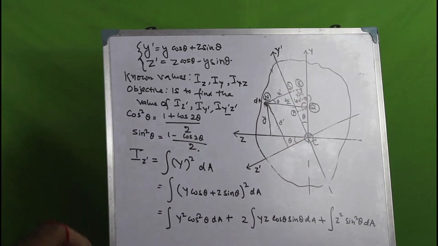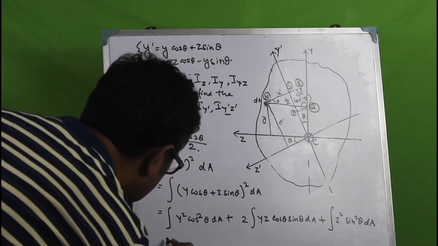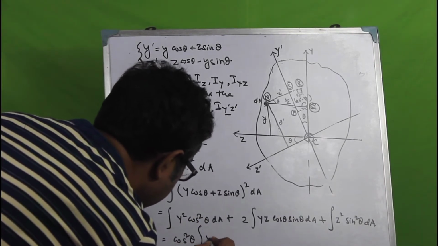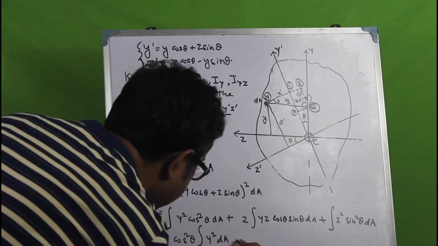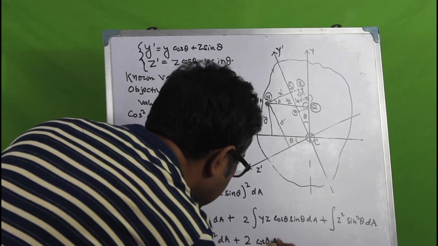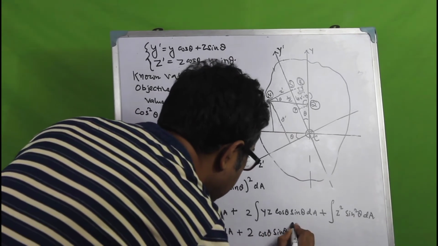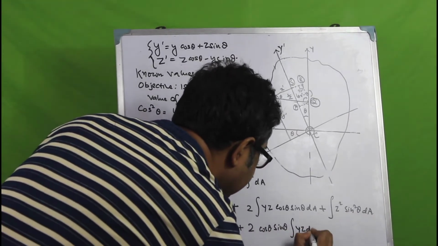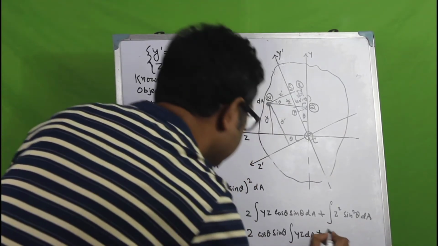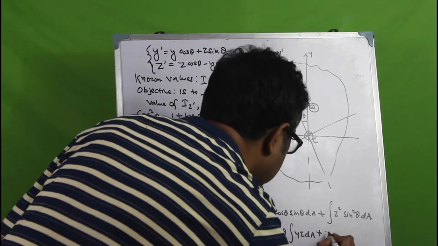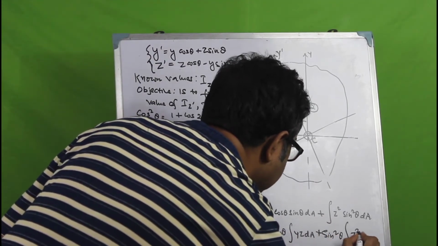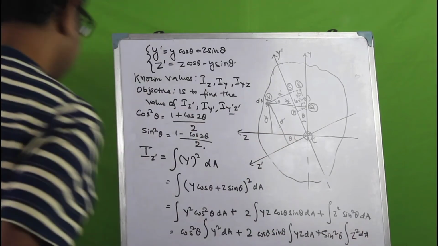So we can take out the cos squared theta, and it would be nothing but y squared dA, plus 2 cos theta sin theta times yz dA, plus sin squared theta times z squared dA.